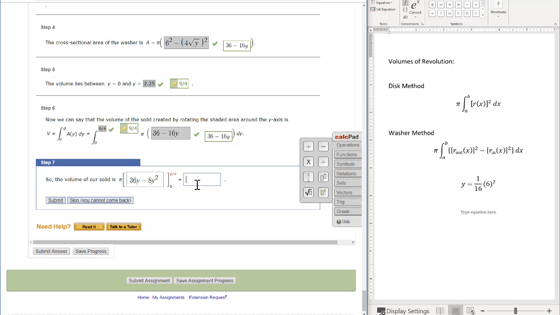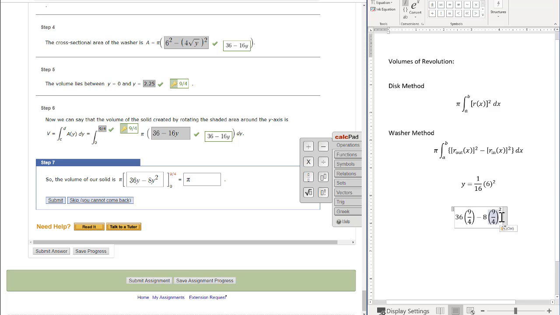Now we have 36y minus 8y squared. When we put 0 in there, it's going to be 0, so that's not going to change anything. But inside, we're going to put 9/4, and we're going to put 9/4 and square that as well.